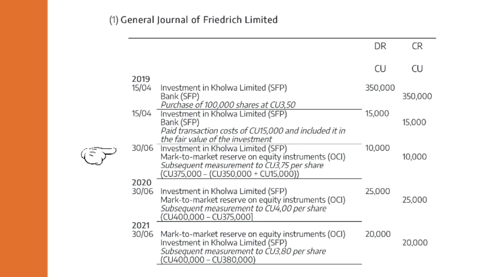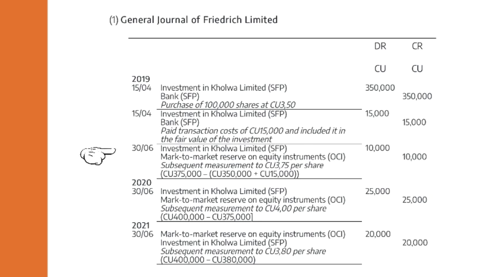So if we have a look at the journal on 30 June 2019, the fair value at that date is given to you as R3.75. So your investment needs to be adjusted to R3.75 per share.